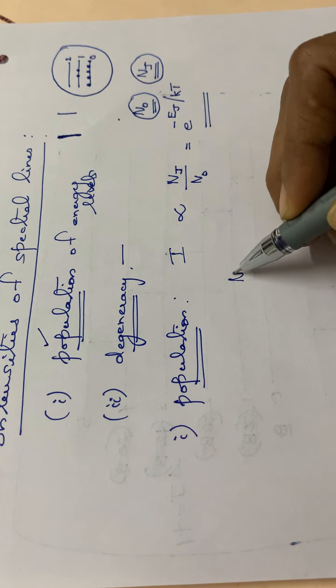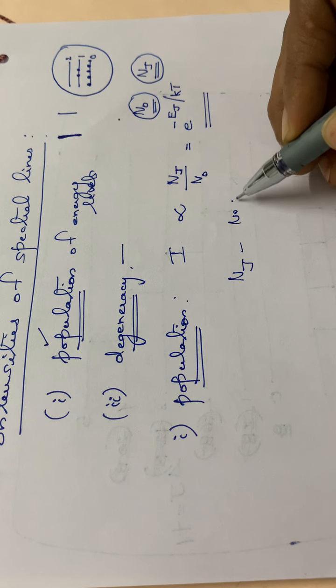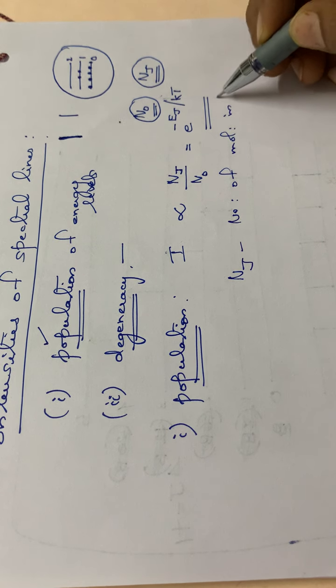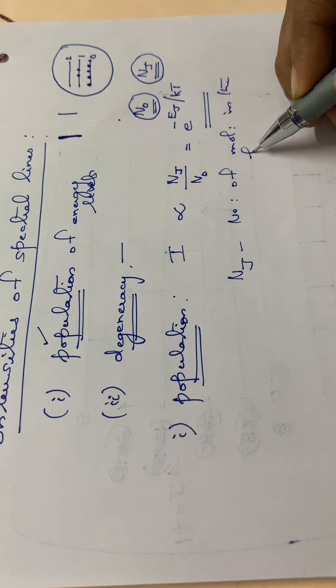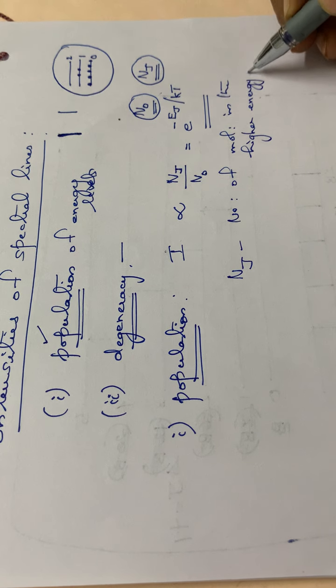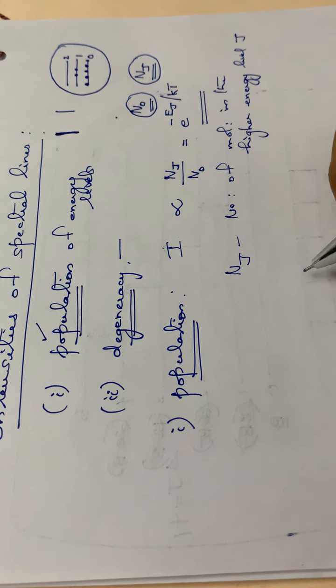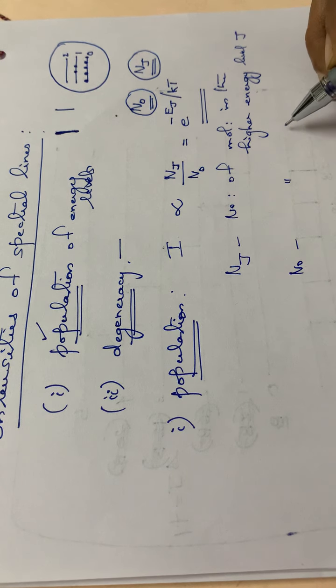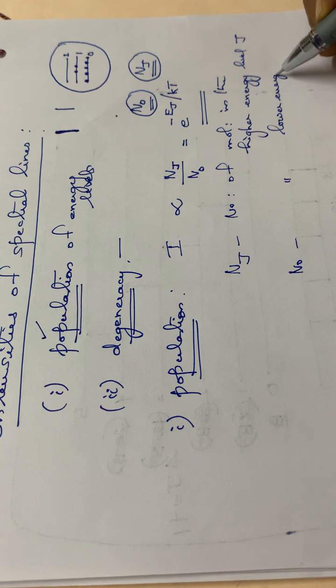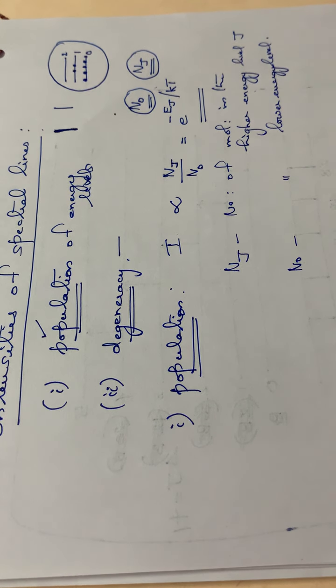Nj is the number of molecules in the higher energy level J, and N0 is the number of molecules in the lower energy level.